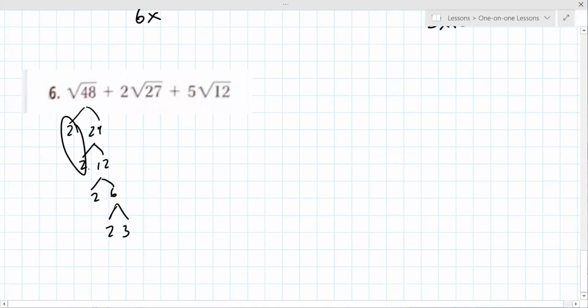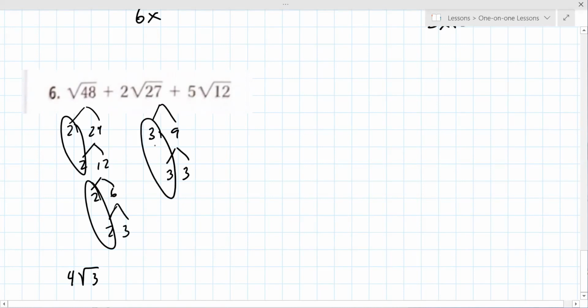So there's 2 pairs of 2s. That means 2 of them come out. That's 4 square root 3. We have to do the same thing with 27, 3 and 9, 3 and 3. So you can pull a 3 out. It's 2 times that. So that's 6 square root of what's left over, which is 3.